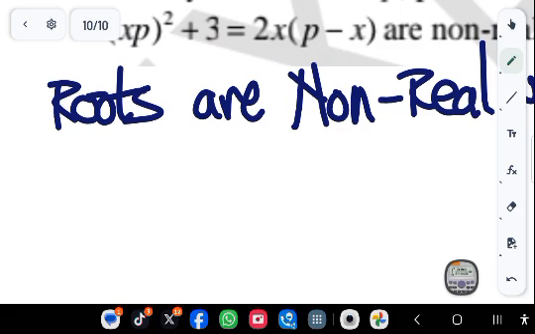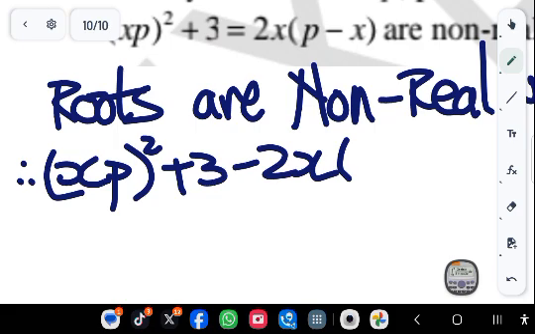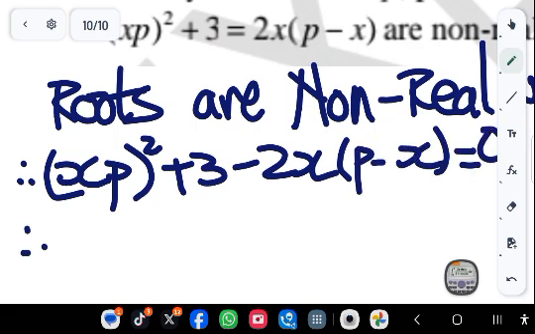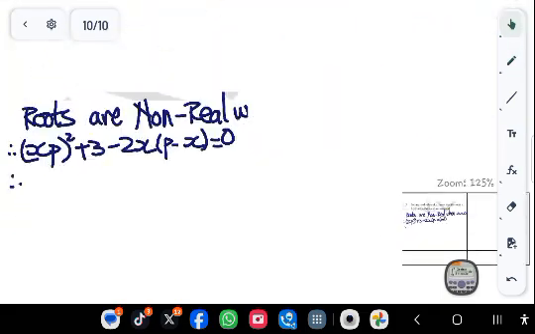So what we do is take everything to the left hand side. x times p all squared minus 2x in bracket p minus x equals 0. Expand and then arrange in terms of the coefficients of x squared.